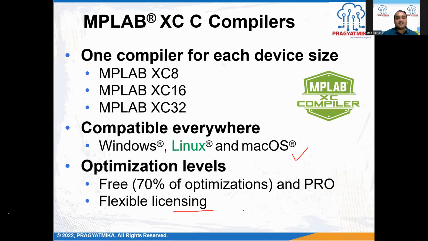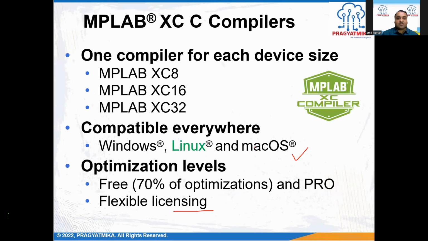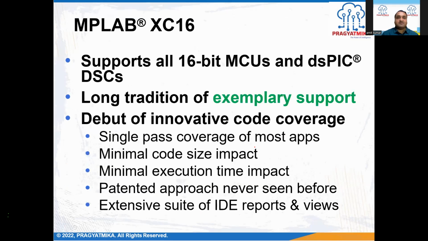There is flexible licensing, so you can take an individual license or a network license. 8-bit supports AVR and PIC devices, and it works on the MPLAB X IDE and Atmel Studio. It is very easy to use, with very easy programming approaches, and the code performance or density can be enhanced based on the optimization levels.